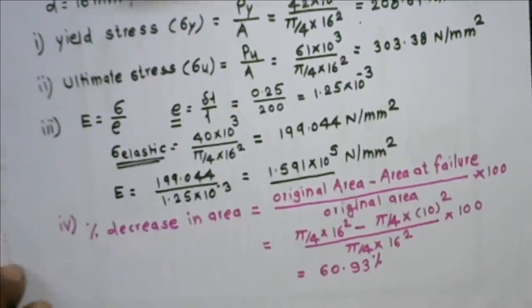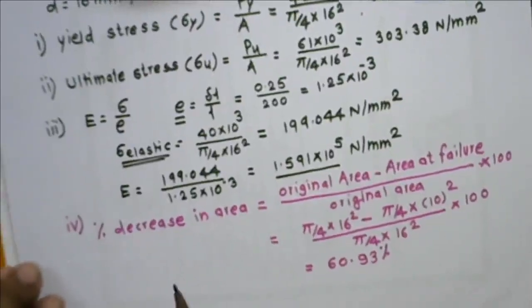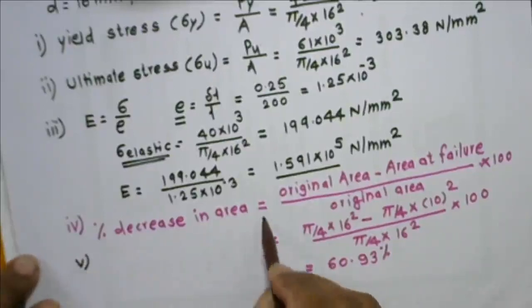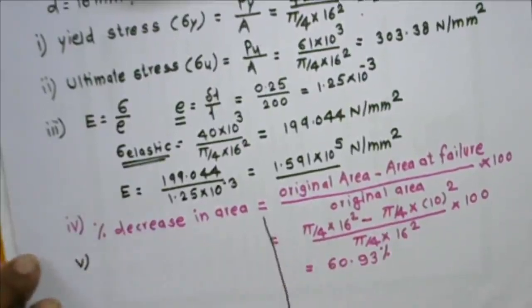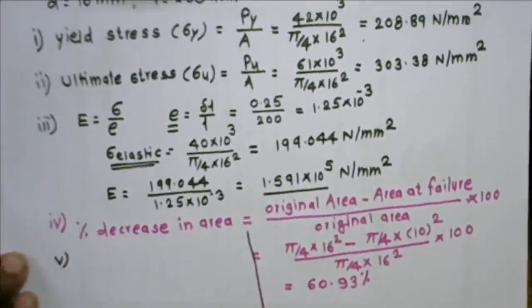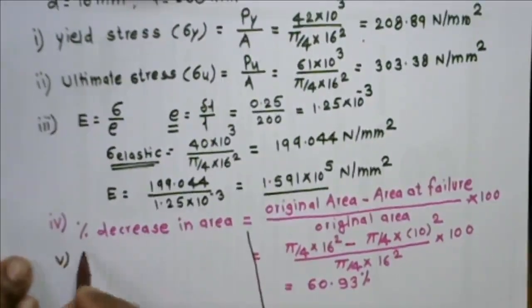Okay. Now our fifth is percentage elongation.